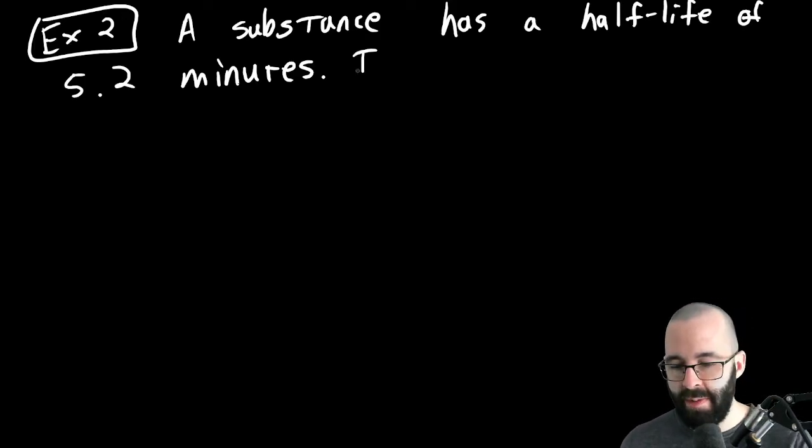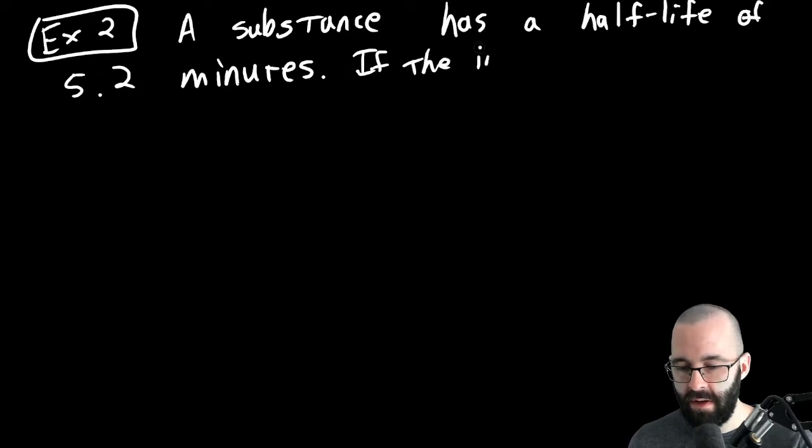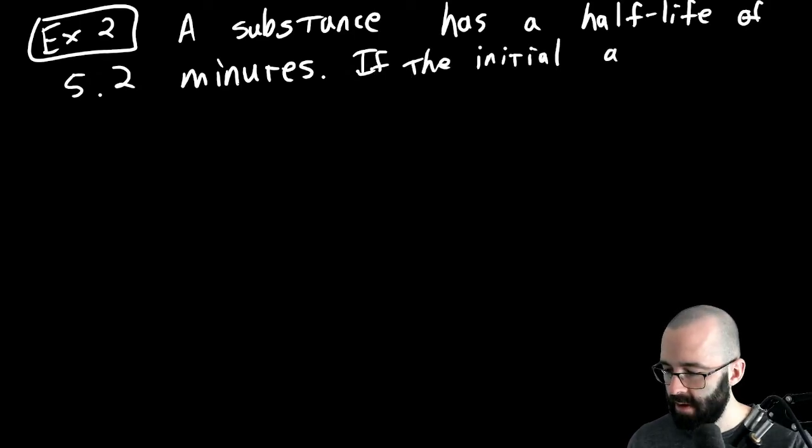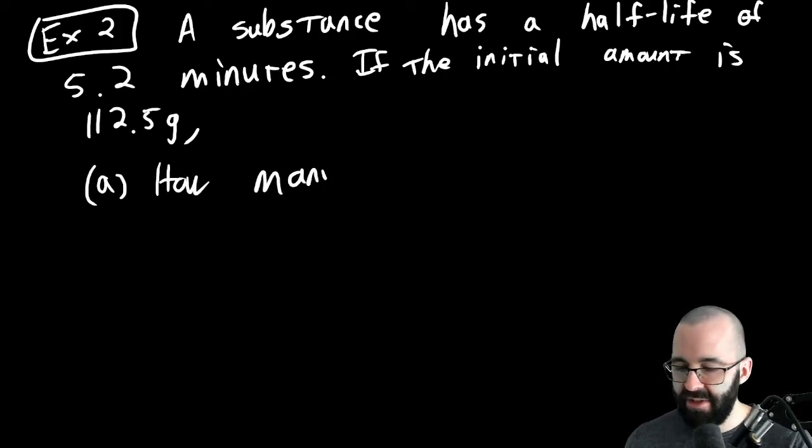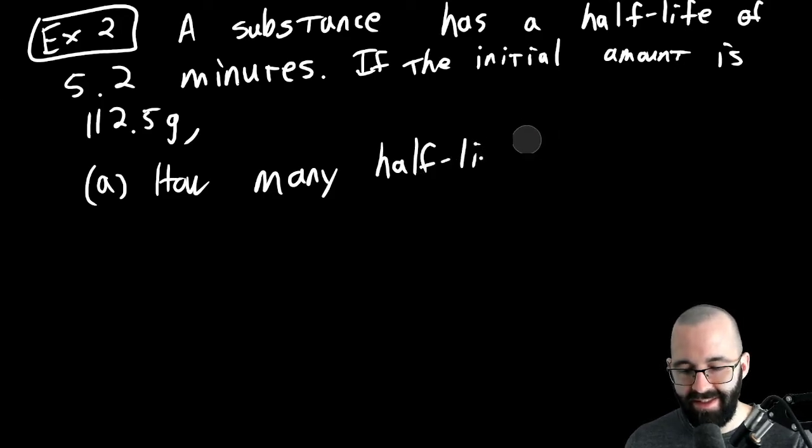All right, if the initial amount is 112.5 grams, part A wants to know how many half-lives, you'd use a V here, right?